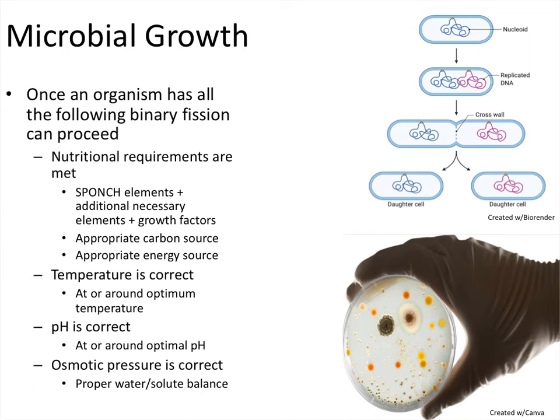So the way this works is that first the DNA is replicated, so the chromosome is completely copied so that each cell that is created in this process can have a full copy of that. The chromosomes are split apart from each other, and once that occurs, the cell can create a ring of FtsZ proteins, those cytoskeletal proteins that are used to pinch inward.